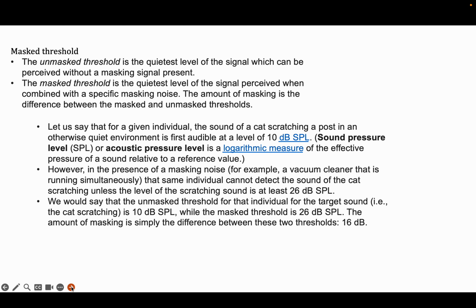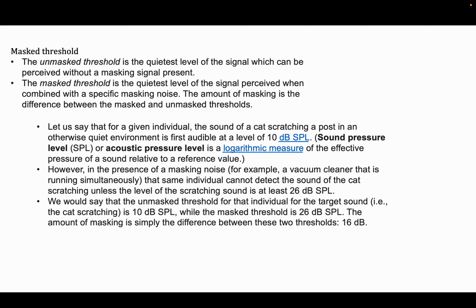You remember early in the lecture we were saying that these critical bands were sort of defined by continuously increasing the bandwidth of the white noise played simultaneously with the tone. And as you did that, it raised the threshold level. So this is the threshold they were talking about. The amount of masking is the difference between the masked and the unmasked thresholds.